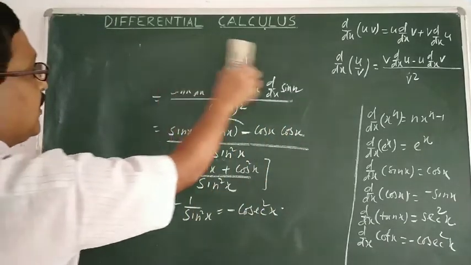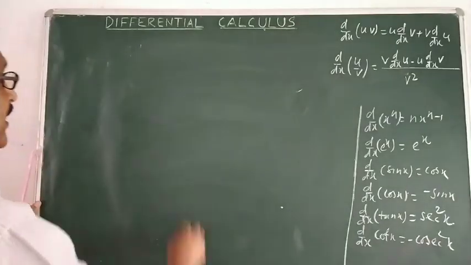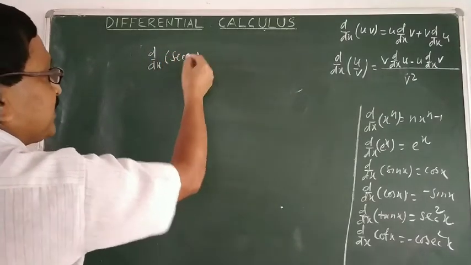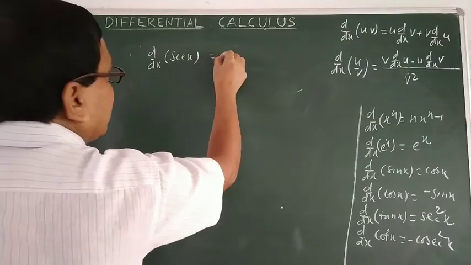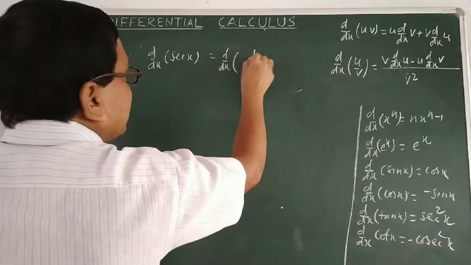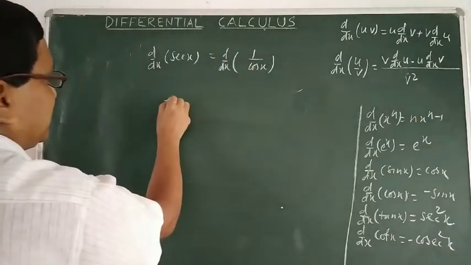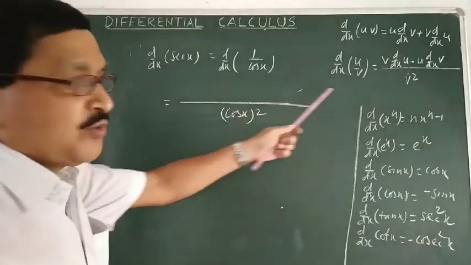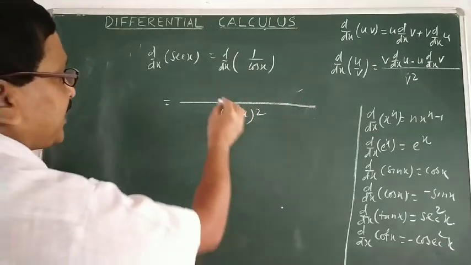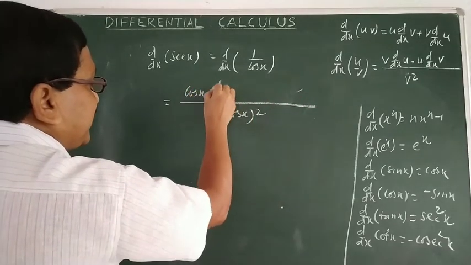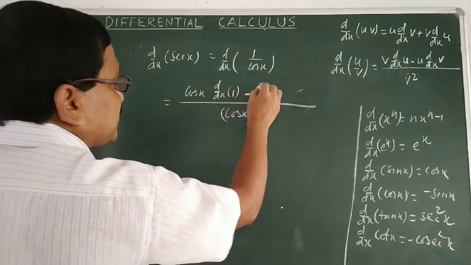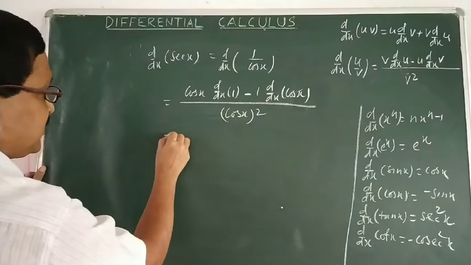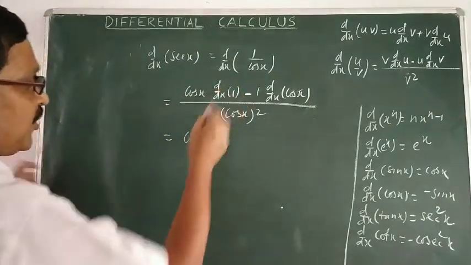Now two more basic. d by dx of sec x. Now which can be written as d by dx of 1 by cos x. Now just see. This is cos x whole square by this formula. Now starting from cos x and d by dx of 1 minus 1 d by dx of cos x. Now this is cos x and differentiation of 1 is 0.